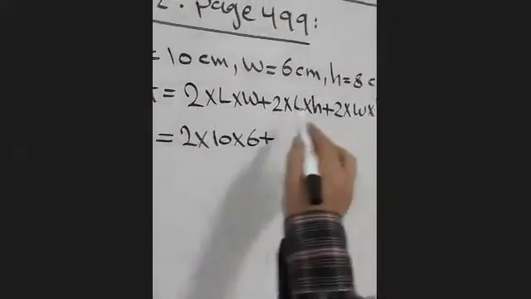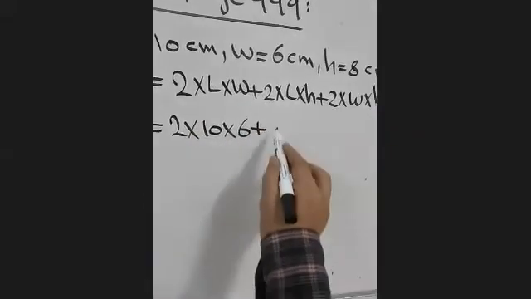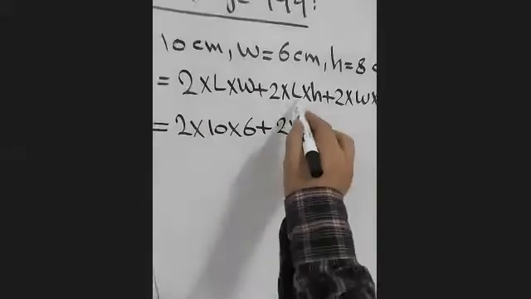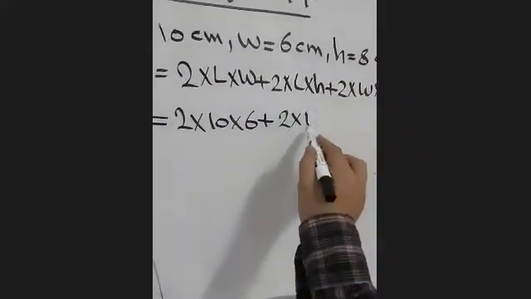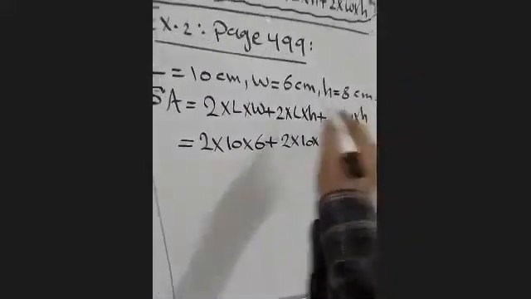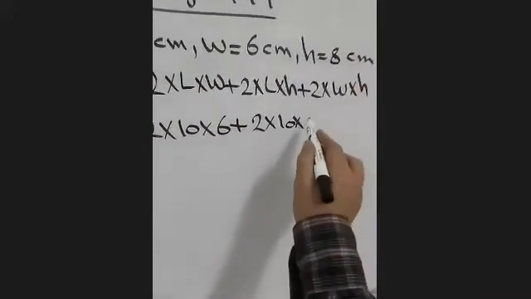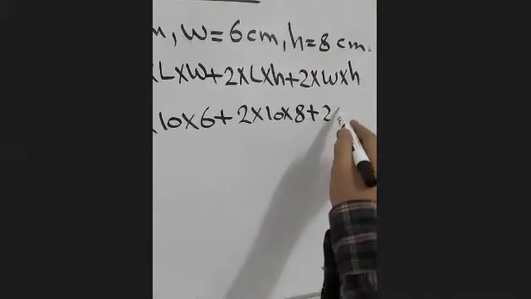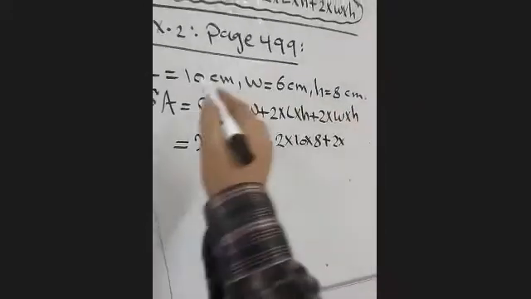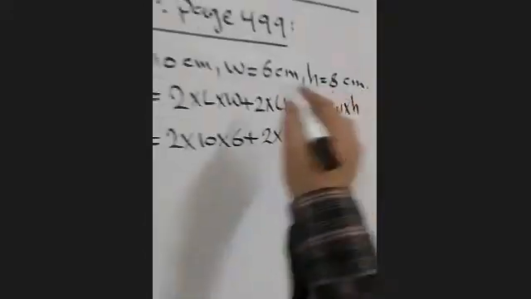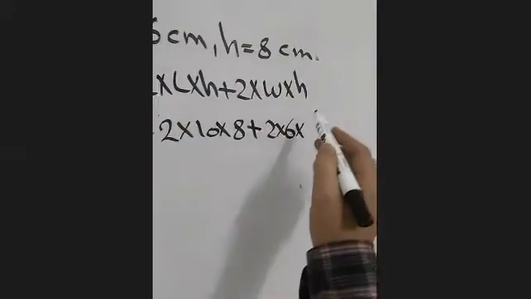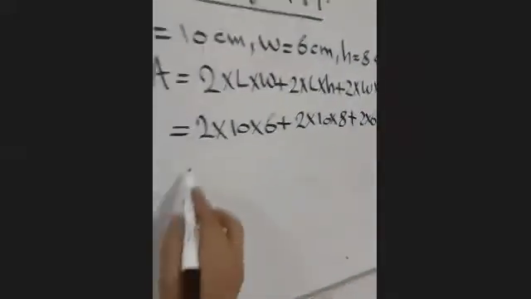We follow the formula, guys, always. 2 comes down. Multiply the length again. How much? 10. Multiply the height. How much? 8. Plus 2 multiply width. How much? 6. Multiply height. How much? 8. Equal.